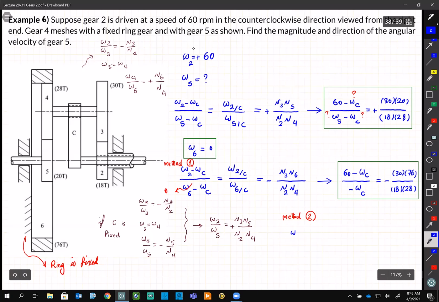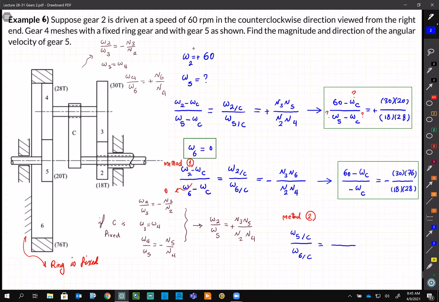So omega 5 with respect to C, omega 6 with respect to C. Okay, so it will give us, let me move it a little bit there.